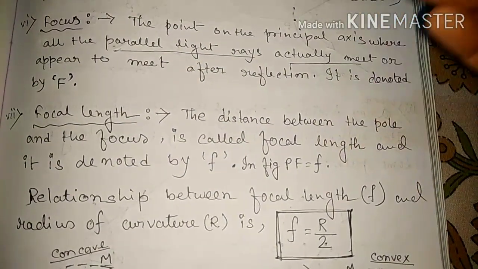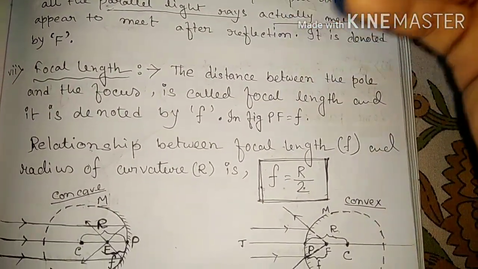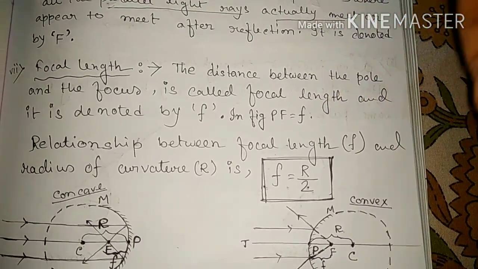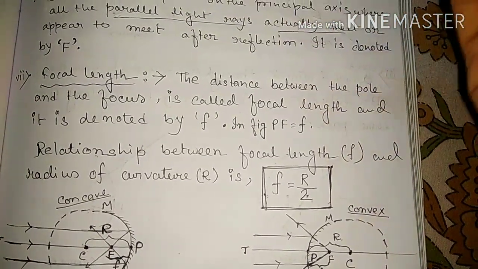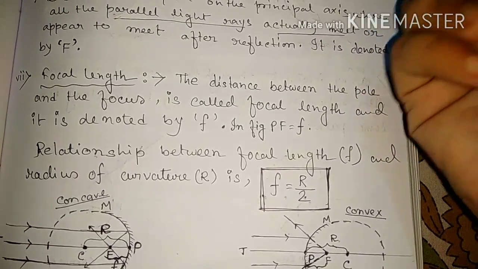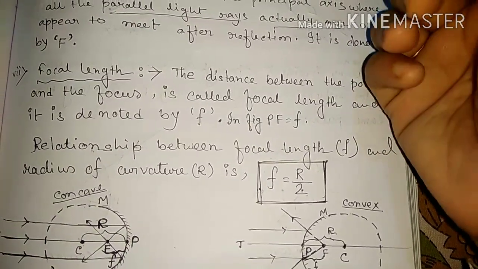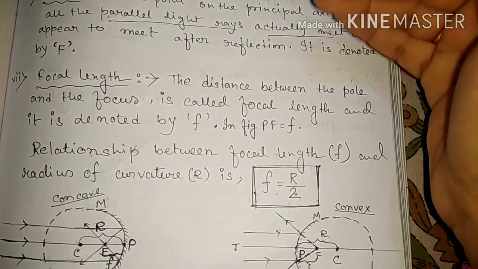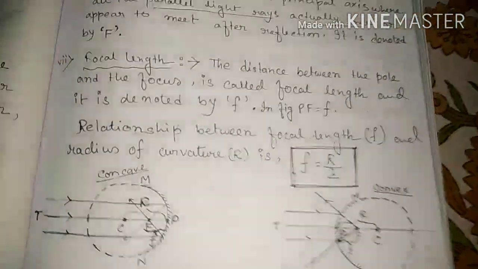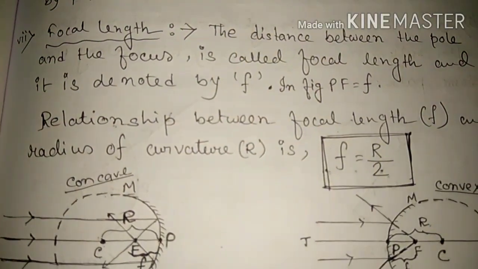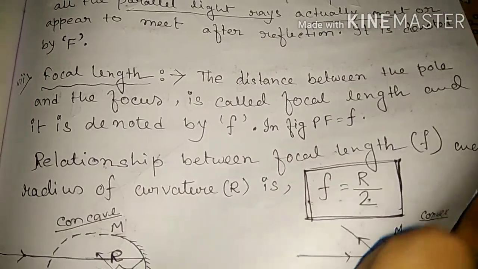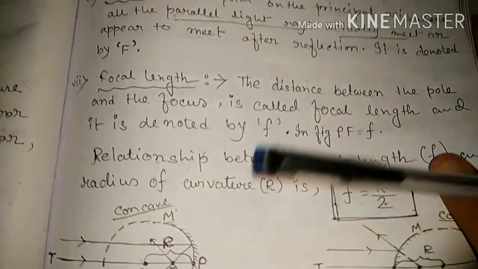It is denoted by capital F. Focal length, the distance between focus and the pole P, F and P, that is called focal length. And practically it is proved that the focal length of a mirror is half of its radius of curvature. f equals R by 2. Please keep this relation in your mind, f equals R by 2.